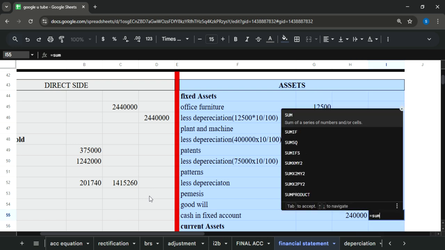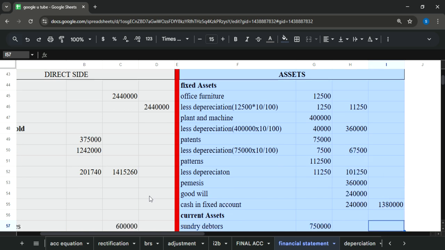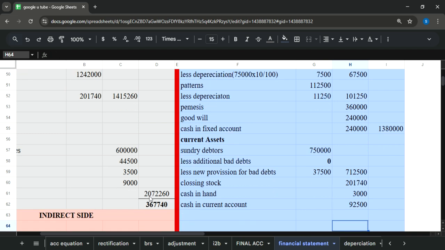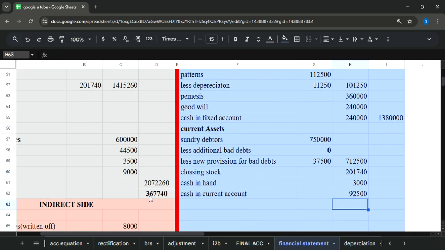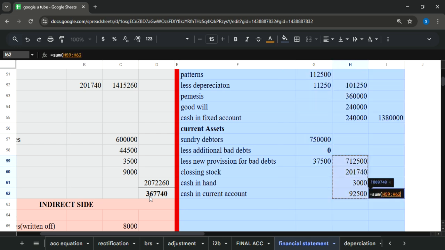You can now take the sum of all these fixed assets to get your total. After which we will see our current assets, 750,000 total debtors. Additional bad debts were not present, so you will subtract the new provision only. Then we have other current assets without adjustments. It means we are ready to take the sum of all current assets.